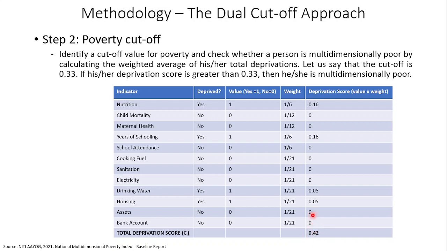This is the score. But you need to set a threshold for each individual. I'll say that if the score is above 0.33, that means he is multidimensionally poor. Why do I say this? If he is deprived in only one indicator, let's say all the others are zeros, then his whole score will be 0.16 only.